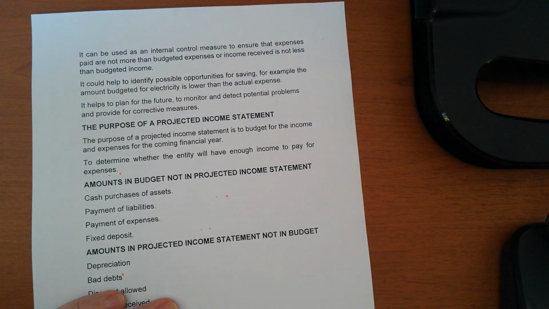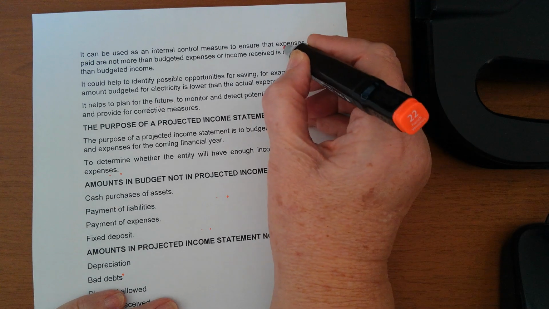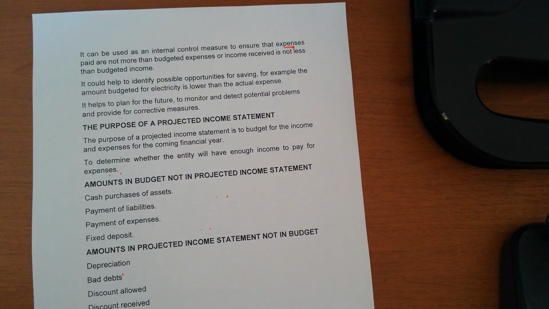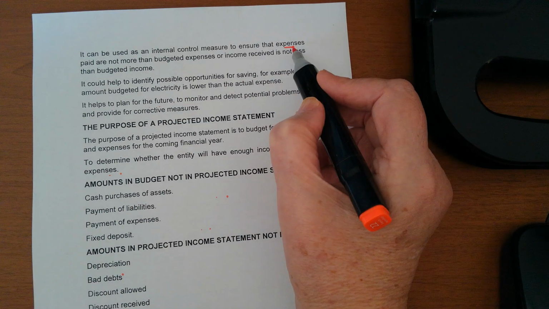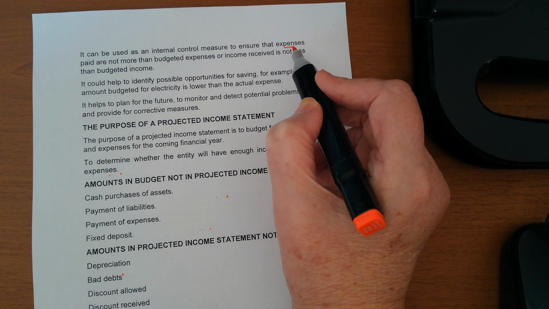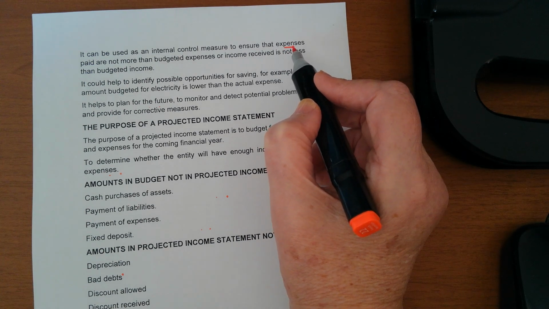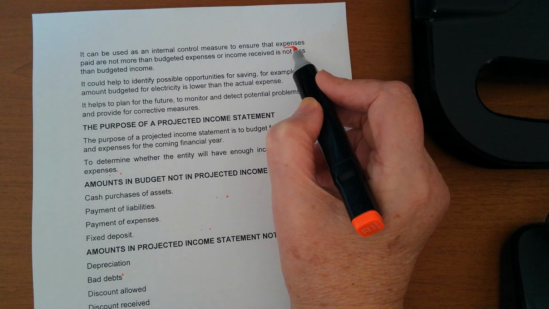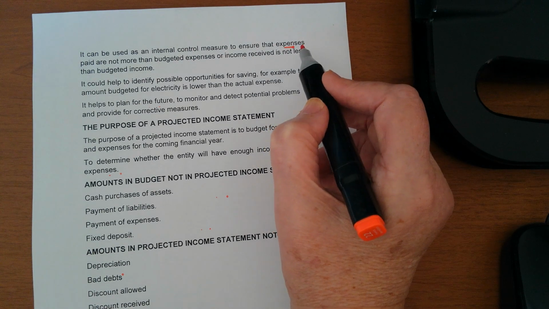So what they mean with the budgeted expenses is we have a column where we see every month how much the expenses for all the various items must be. As soon as you see an expense is more than the expense that you budgeted for, you must go and investigate immediately and see what is the reason for this, so that I can reduce it immediately and it won't happen in the future again.